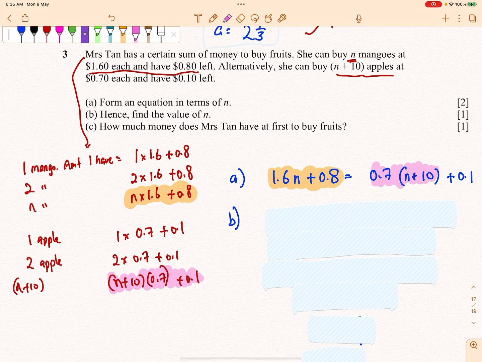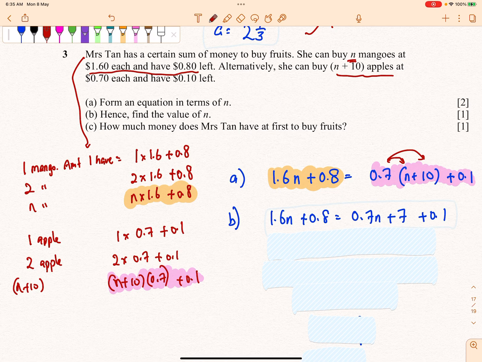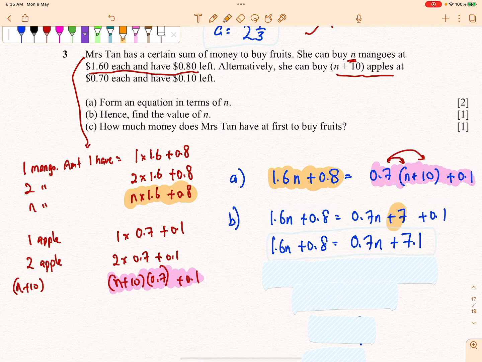Now I place a 0.7 in front so that it's easier for me to do the expansion. If I expand, I will get this, and then I want to group the like terms together. So as you can see, I group this 7 and 0.1 together.